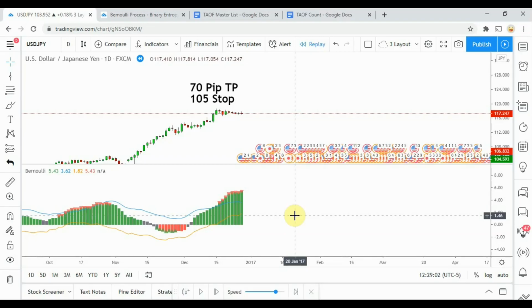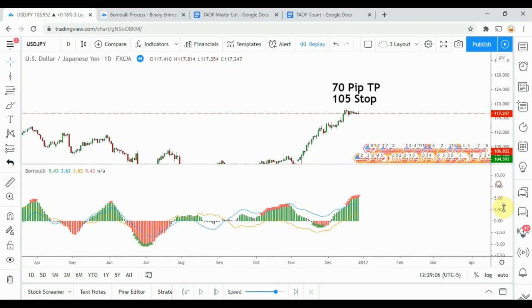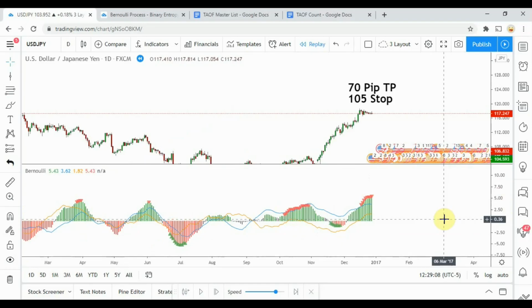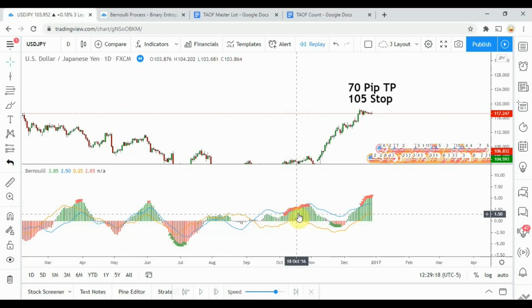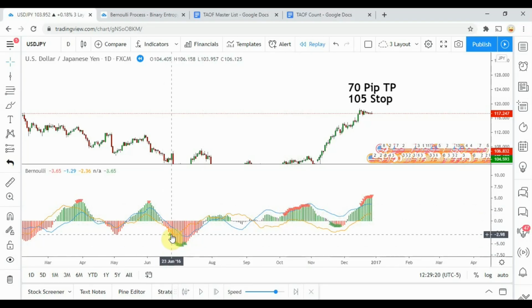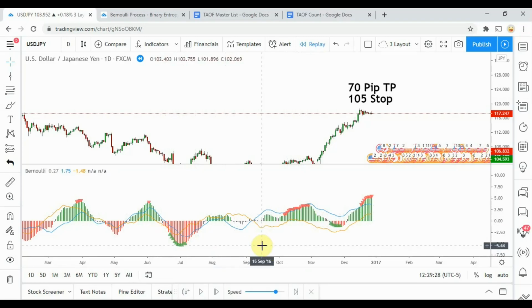But with that being said, again, what we are looking for, and you can see it better if I scroll back, crunch in price action. You can see these red triangles that appear above the green histogram bars, and then you can see these green little triangles that appear below the red histogram bars on the lower side.